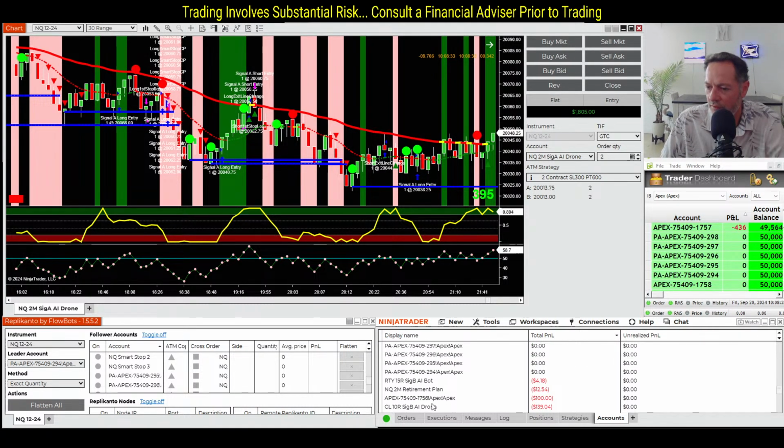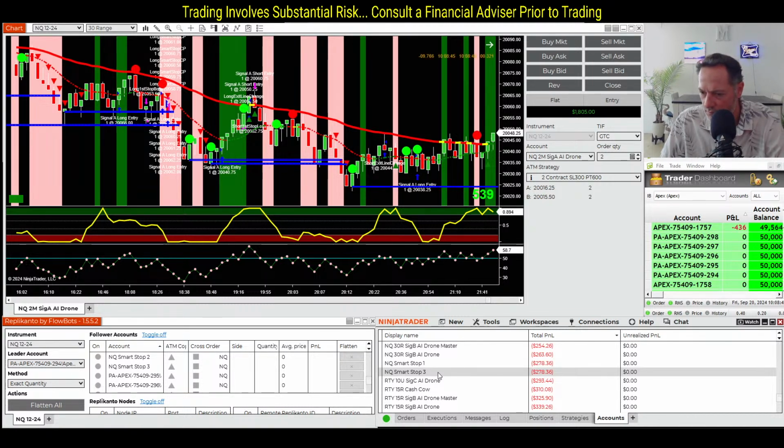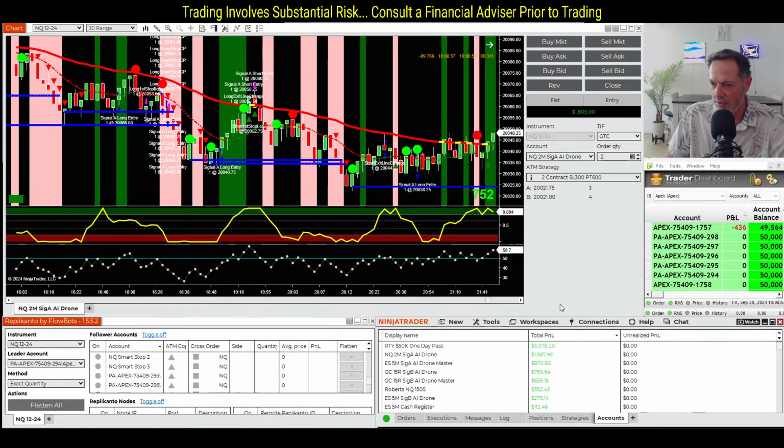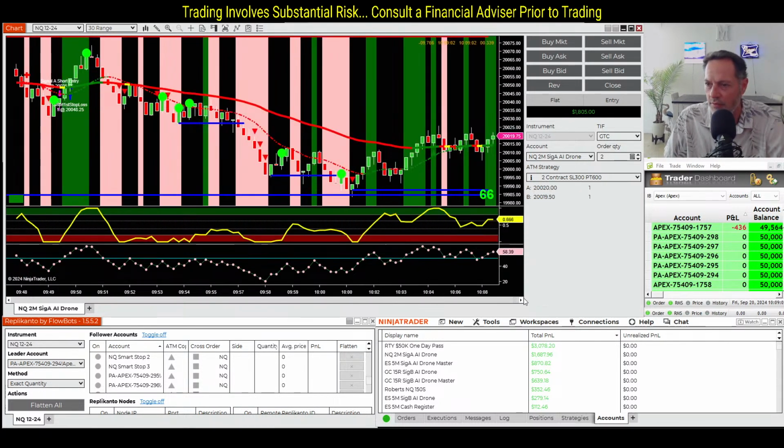And again, we have quite a few of them that are down. Smart Stop 1 and 3 are down right now, 270. And these ones are up, and these ones are the ones that I want to trade. So I'm going to trade this NQ 2-minute Signal A drone.